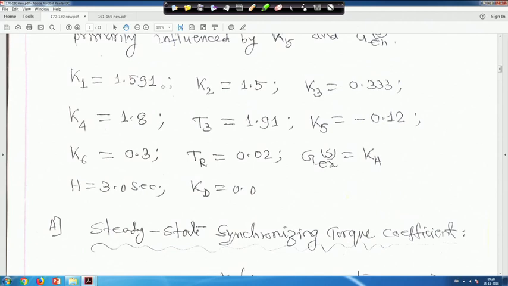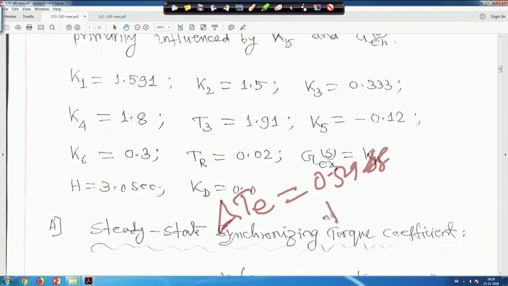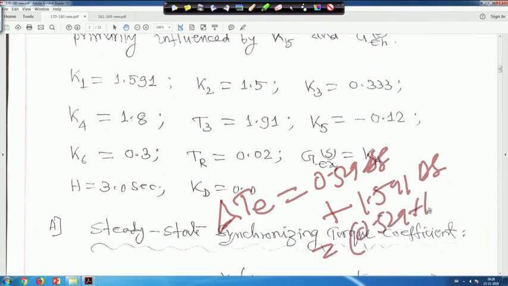That means delta Te is equal to 0.529 delta delta, which is due to delta psi fd, plus K1, 1.591 delta delta, that is, 0.529 plus 1.591 times delta delta, because K1 is given.